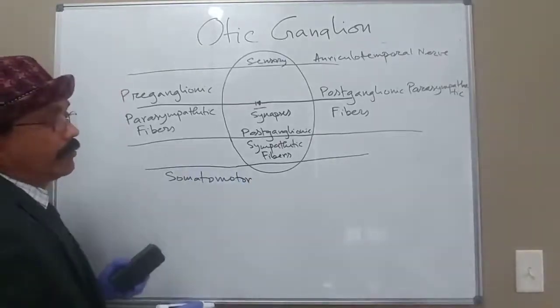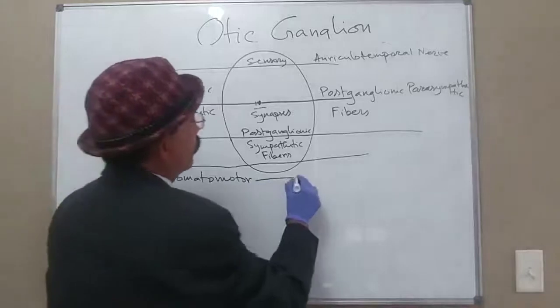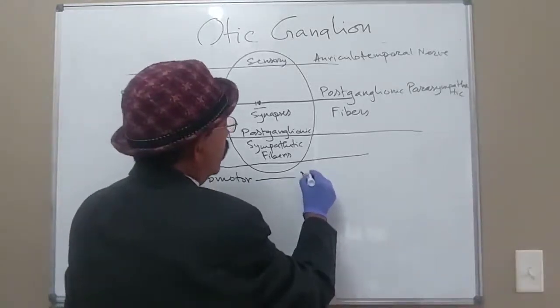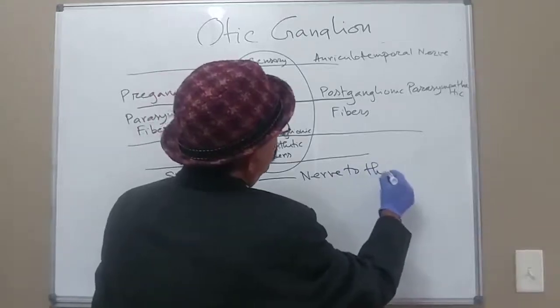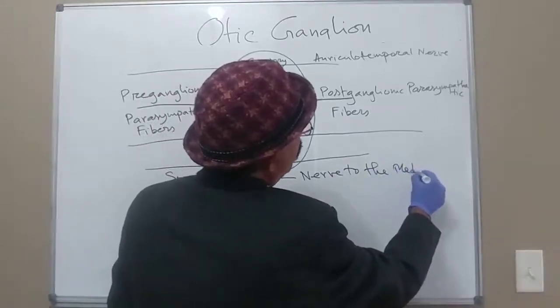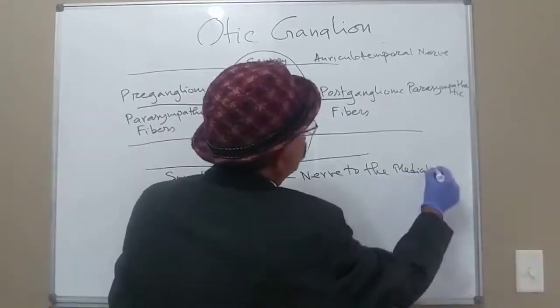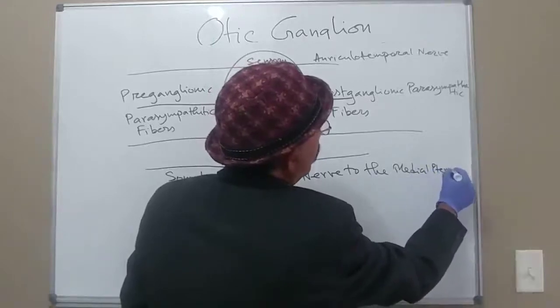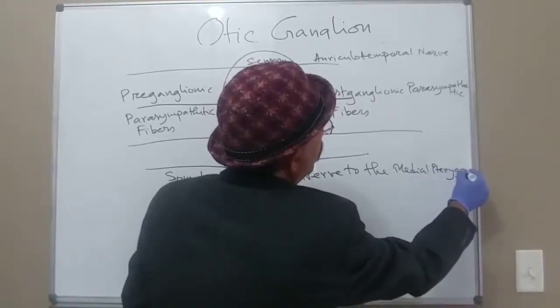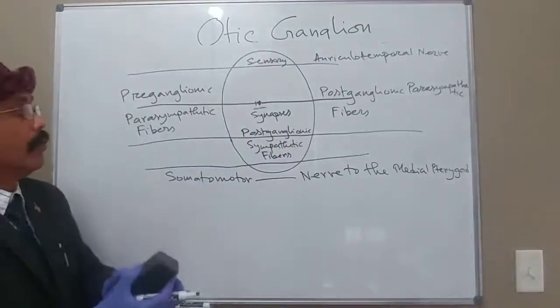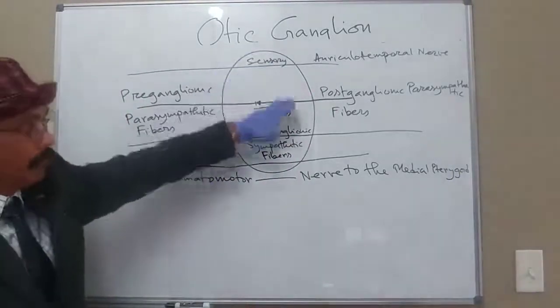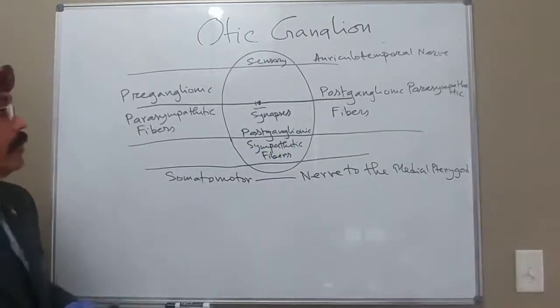Again, no synapse here. Somatomotor is provided by the nerve to the medial pterygoid. Okay, we got the otic ganglion, four types of fibers.